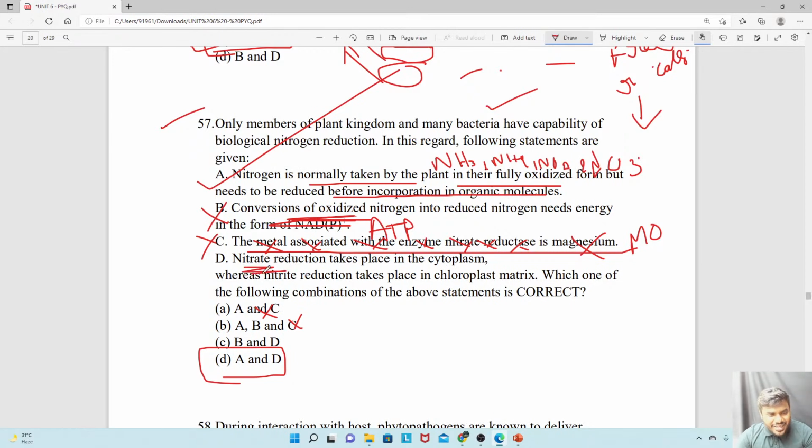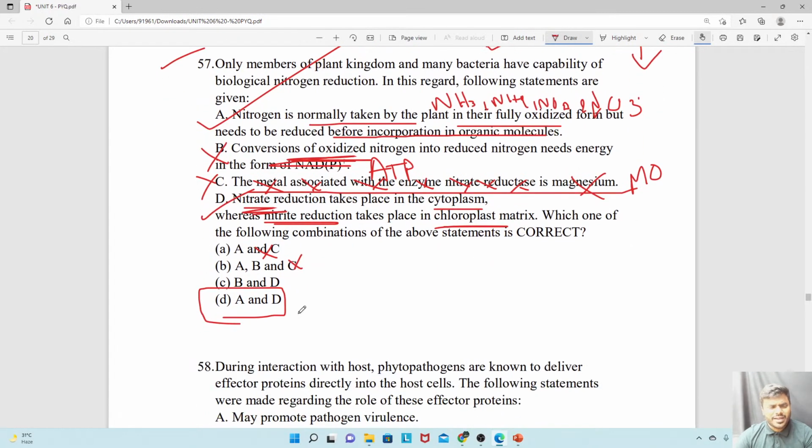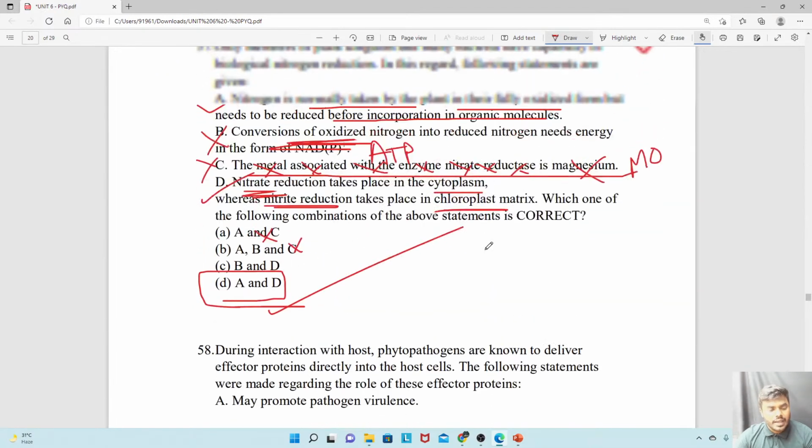The reason, listen to my statement: the nitrate reductase enzyme is present in the cytoplasm, whereas nitrite reduction takes place in the chloroplast, because the nitrite reductase enzyme is present there. Simple point. Hence D is also correct. Option A is correct and D is correct. This is the answer.